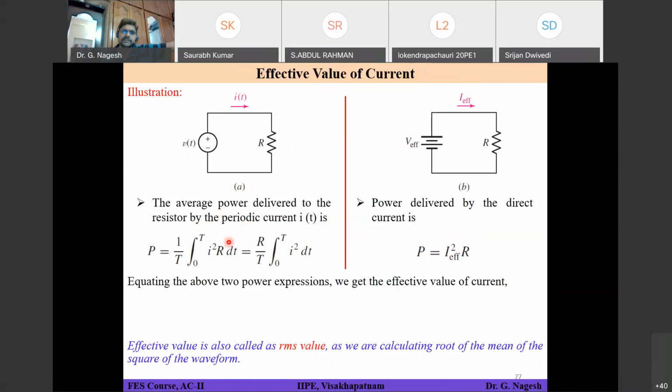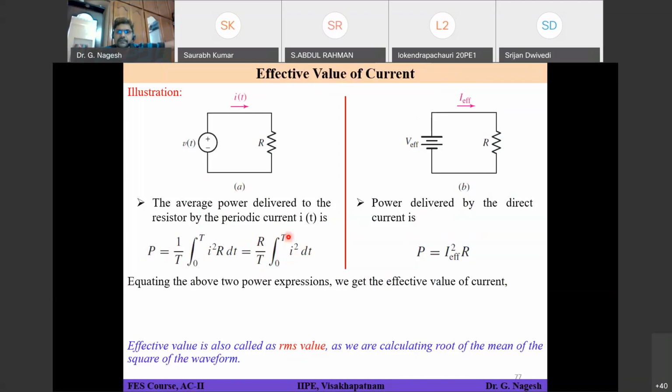First of all, instantaneous power is I square into R. If you integrate over one time period, that is your average power. So average power P is R by T integral 0 to T I square of t with respect to dt. This is the average power delivered to the R ohm resistor by sinusoidal current or some periodic current.